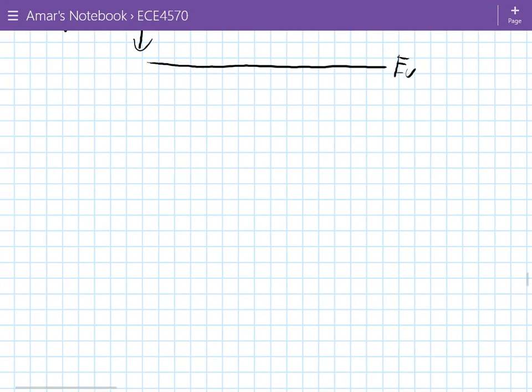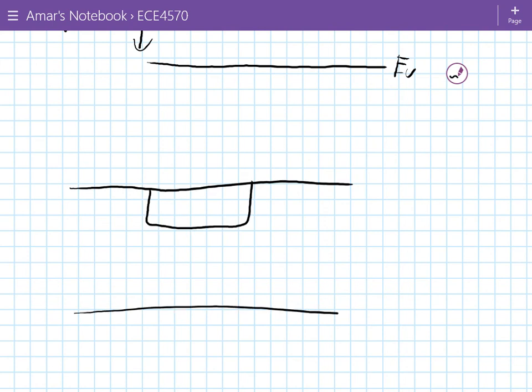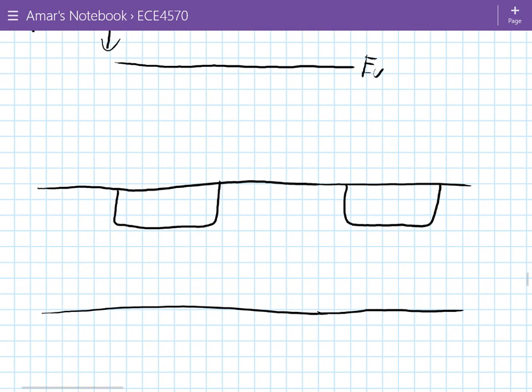A lot of times when we make, if you want to make a semiconductor transistor, something we'll talk about later, a MOSFET looks something like this, where you have a P-type substrate, and then you have these N-type regions within the P-type substrate.